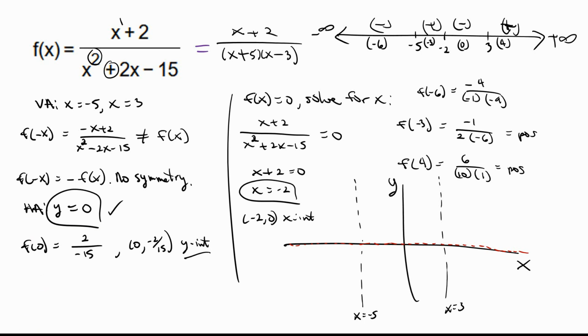And let's see, the y-intercept is 0, -2/15. So that's about right there. And then the x-intercept is x equal to -2, y equal to 0. It's about somewhere there.